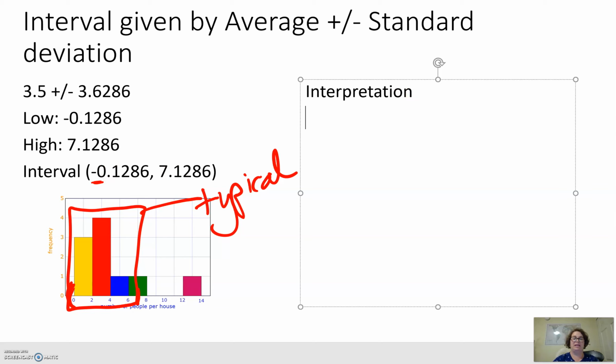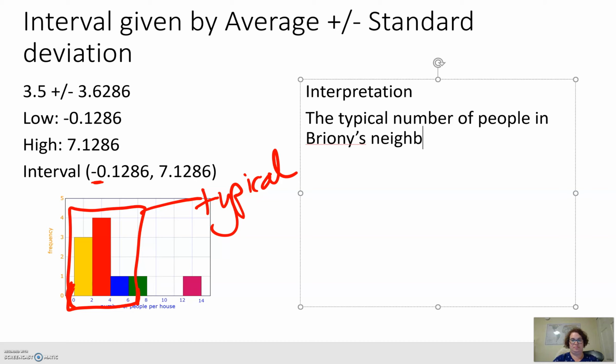So we can say the typical number of people in Brioni's neighborhood is, well, you can't have negative people in our context.